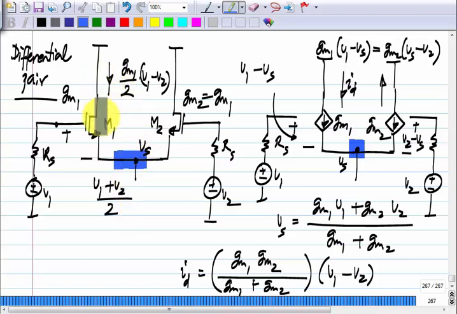Whatever current flows from drain to source of M1 has to flow from source to drain of M2. Okay. So, that is an essential property of the differential pair, right. And this node which is common, because the two sources are connected together, is known as the source coupled node, or more often just the tail node. Okay.